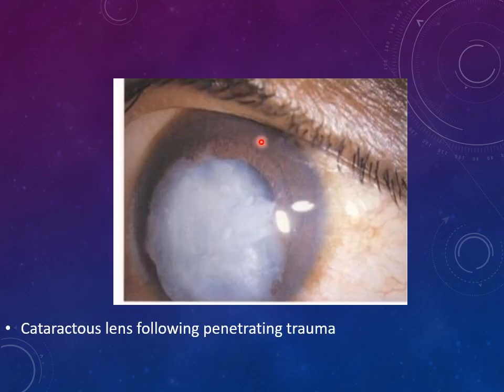This is another example of penetrating eye injury where the lens becomes cataractous and there is cortical lens matter in the anterior chamber of the patient, secondary to penetrating injury to the anterior capsule of the lens.